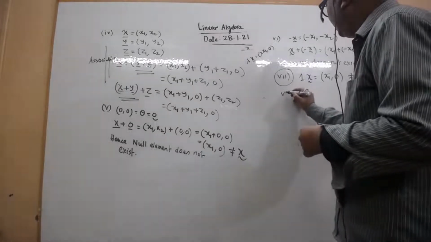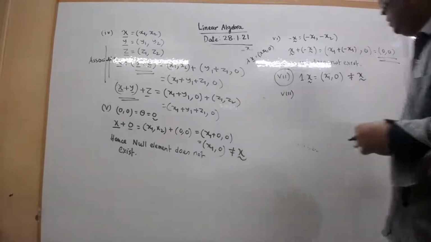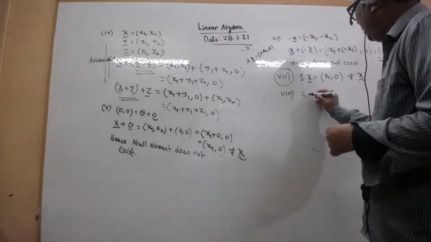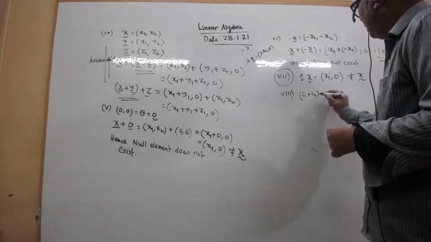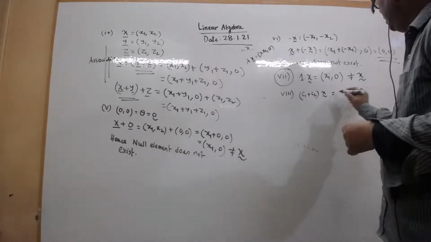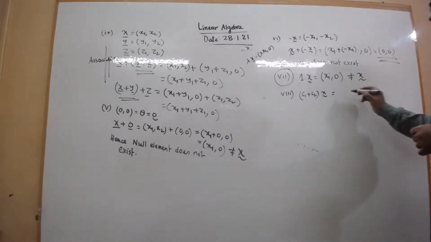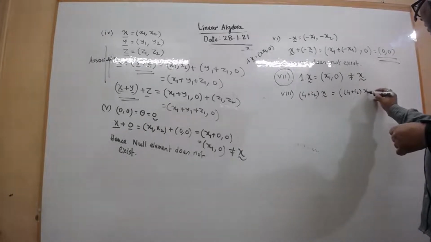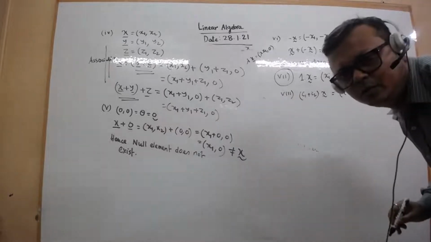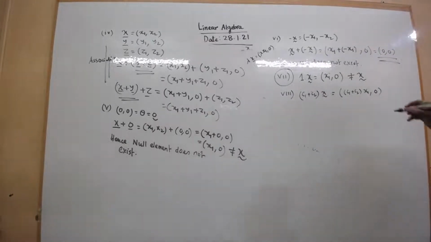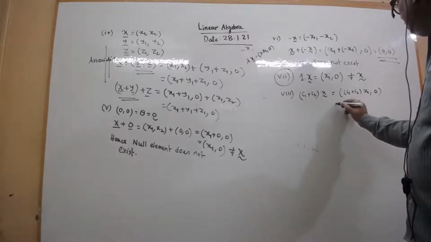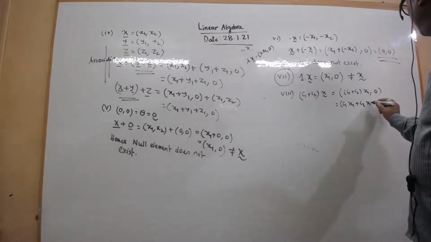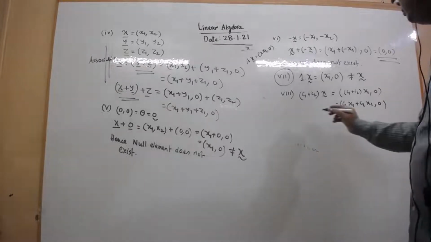Next, (C1 plus C2) x curl is equal to ((C1 plus C2) x1, 0), equal to (C1 x1 plus C2 x1, 0).